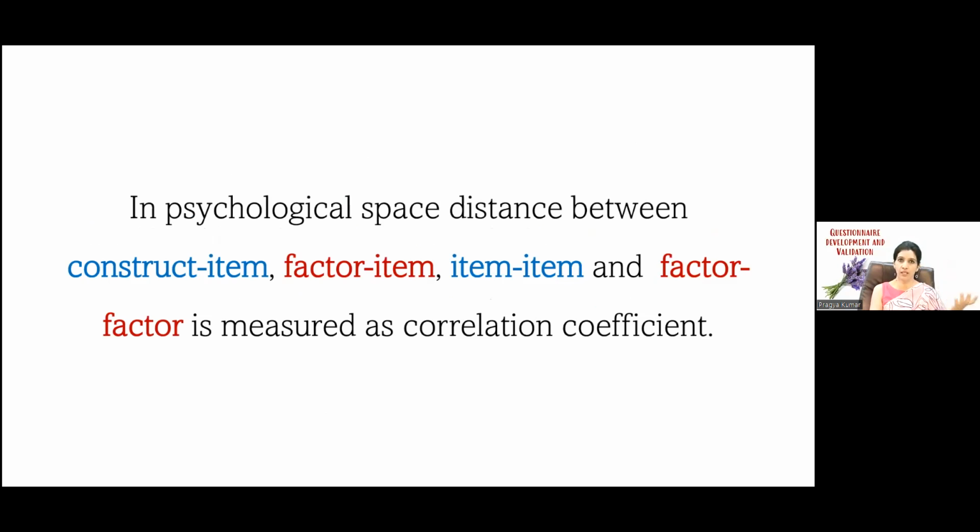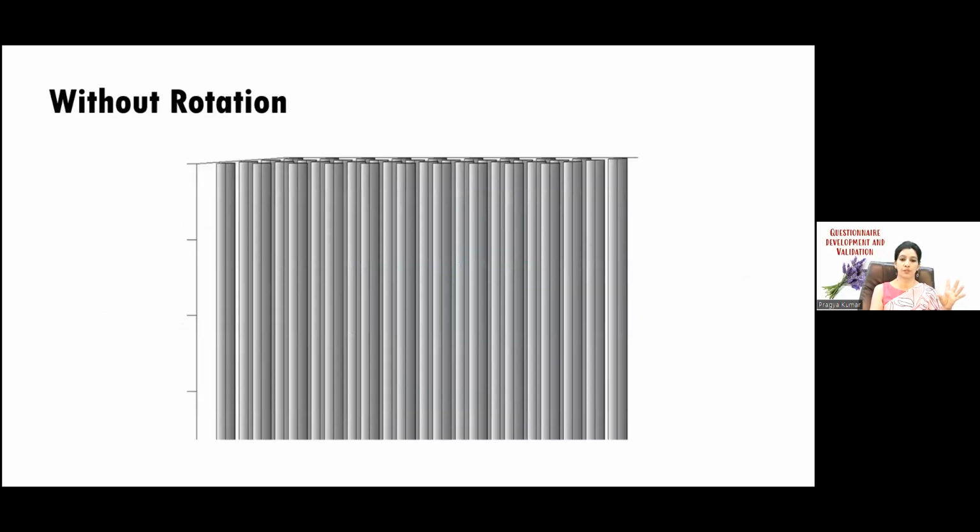In the psychological space, the distance between construct, item, and factor is measured as the correlation coefficient. We discussed that all this analysis is based on the correlation coefficient.